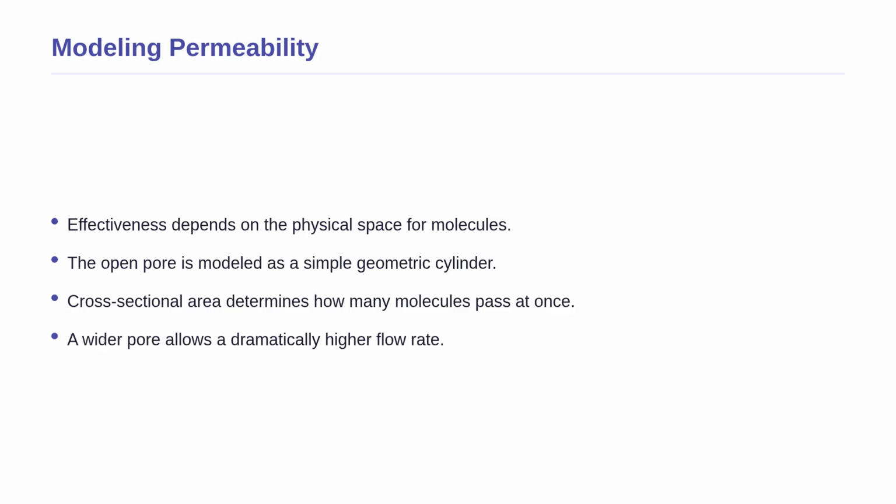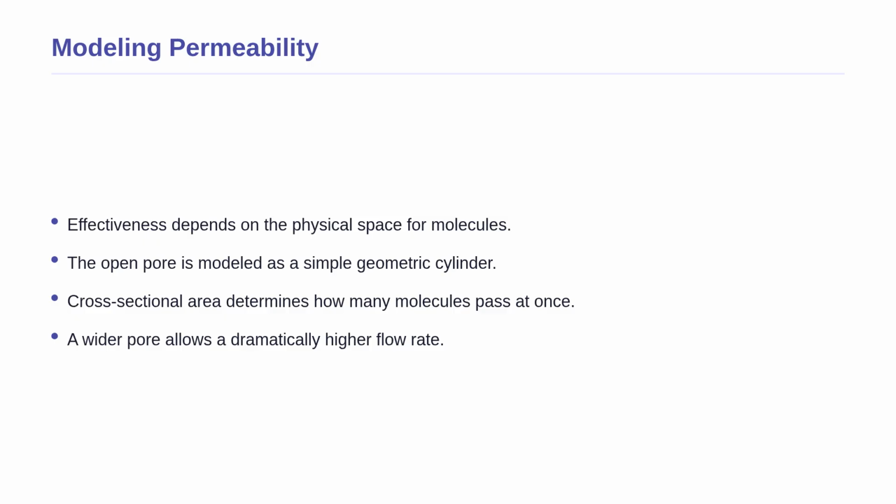Now that we appreciate their biological importance, let us shift our focus to how we measure their effectiveness. To truly understand how well gap junctions work, we must look at the physical space they provide for molecules to travel. The rate at which molecules can pass between cells depends heavily on the size of the opening.